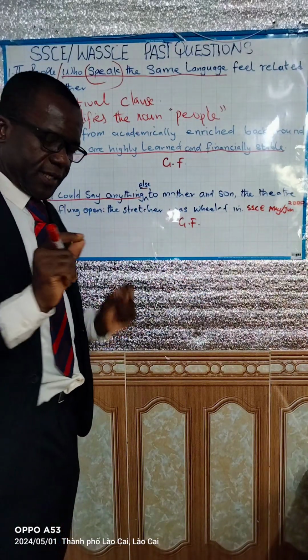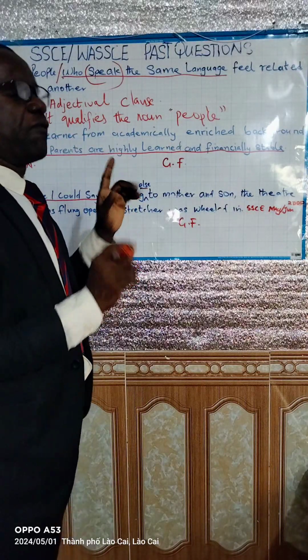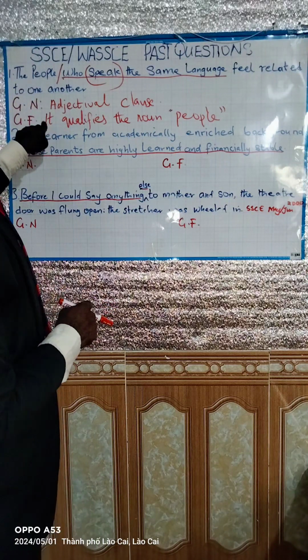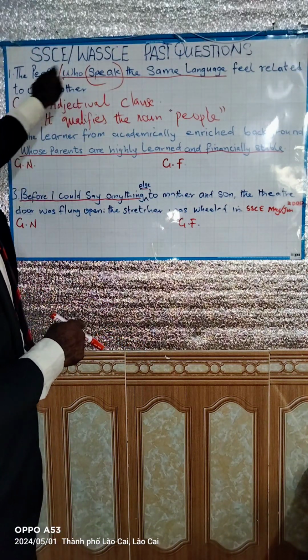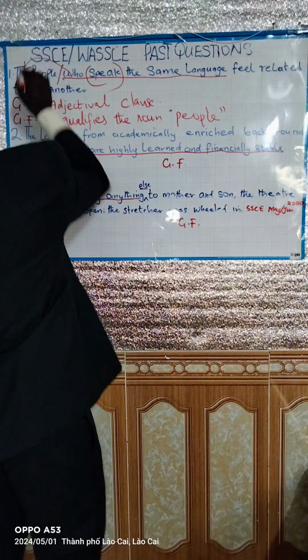Now before we go ahead, let us say something about NECO here. For NECO, they would expect that you should know that this adjectival clause is not just qualifying people, it qualifies the noun phrase, the man.